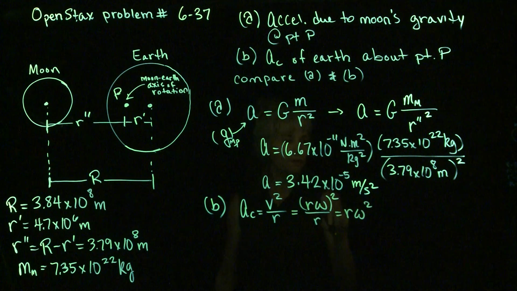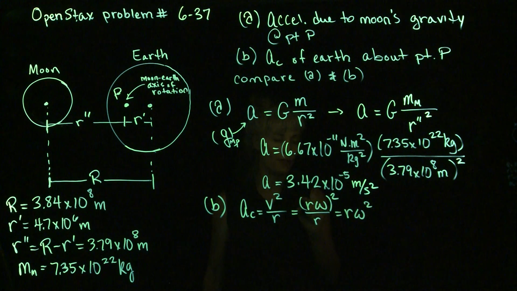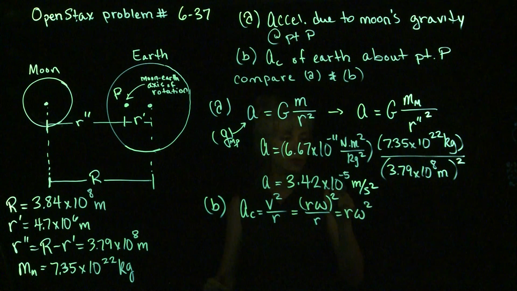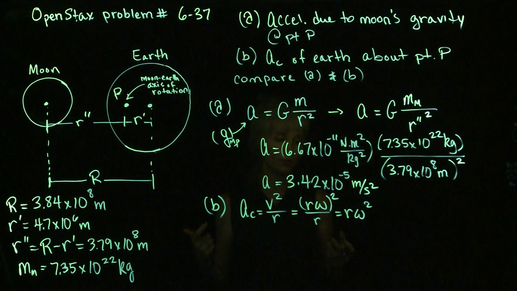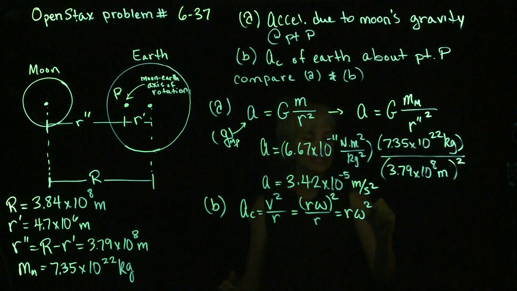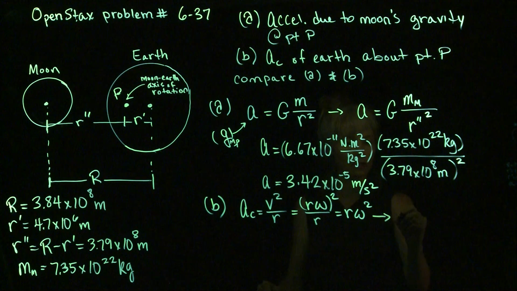So if we can find the angular velocity of the Earth about point P, then we can square it and multiply it by the distance it is from point P, and then we will have what we were looking for. So let's go ahead and tailor this now using the symbols that we've defined over here to the left side.